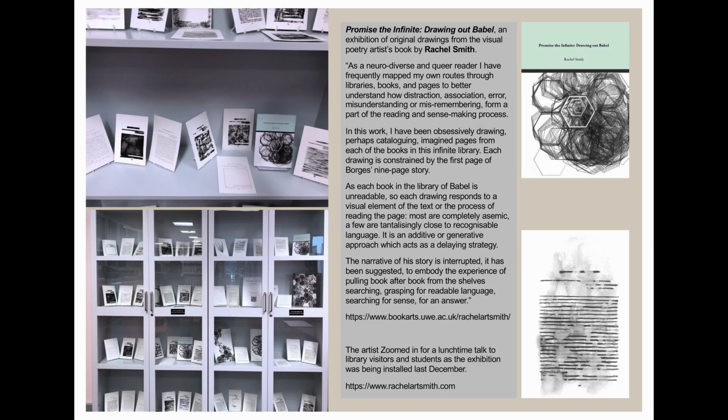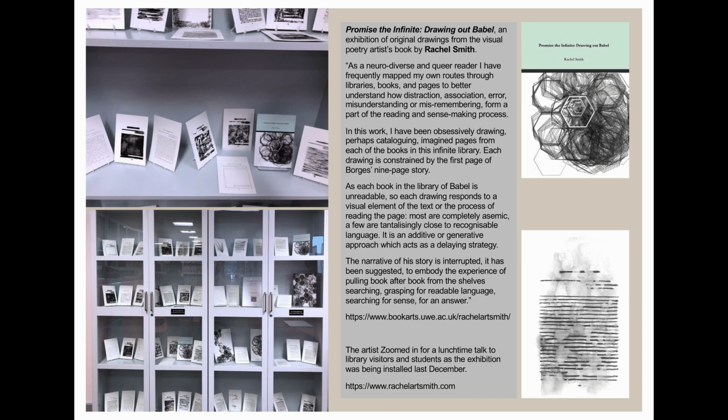And speaking of which, moving seamlessly through, this is an exhibition by the artist and writer Rachel Smith. This was an exhibition she did here at Barrow Ashton, we're back at Barrow again, last December. It's a really gorgeous exhibition. Each piece you can see is her hand drawing, painting, or stenciling from the first page of Borges's Babel.